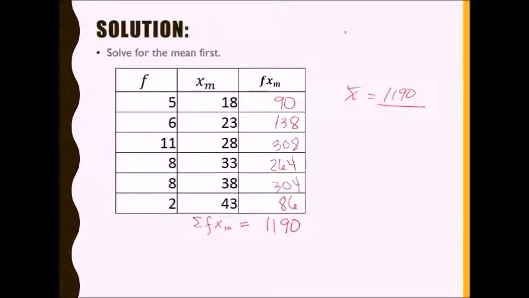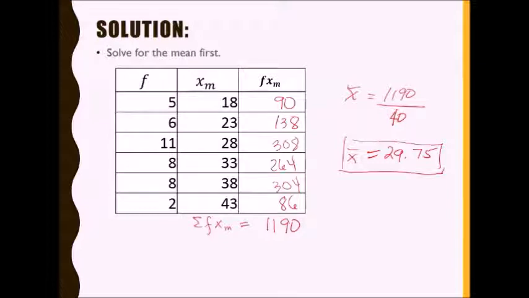So divide by 40. 1,190 divided by 40 is 29.75. We will use this later on. Now, let us solve for the variance.